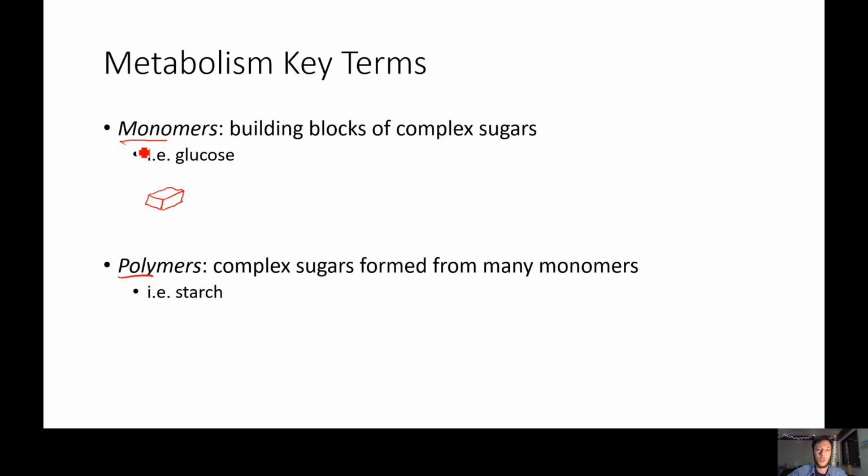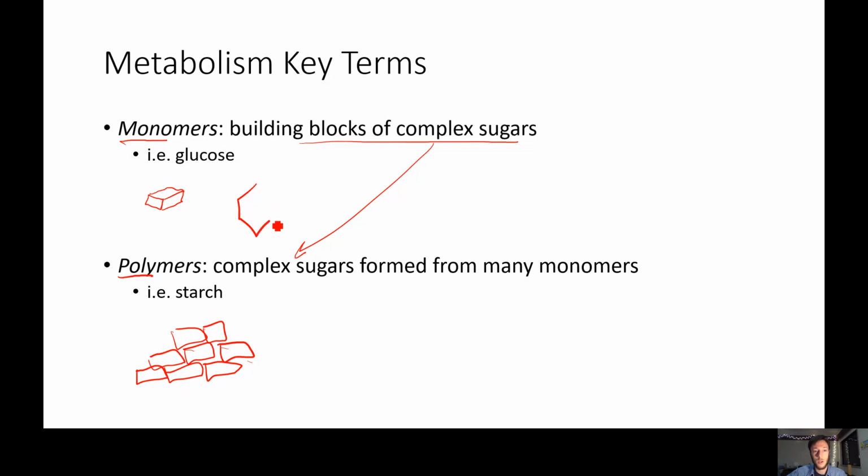You've got these simple sugars, and when you put them together, they form complex sugars, which are polymers. And these are like your starches. So you think of a brick wall where you've got many parts. These are all individual parts, these monomers, and they're coming together to build something more complicated.